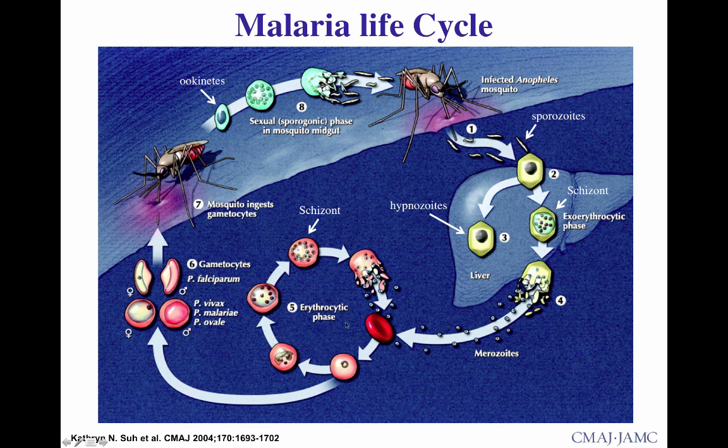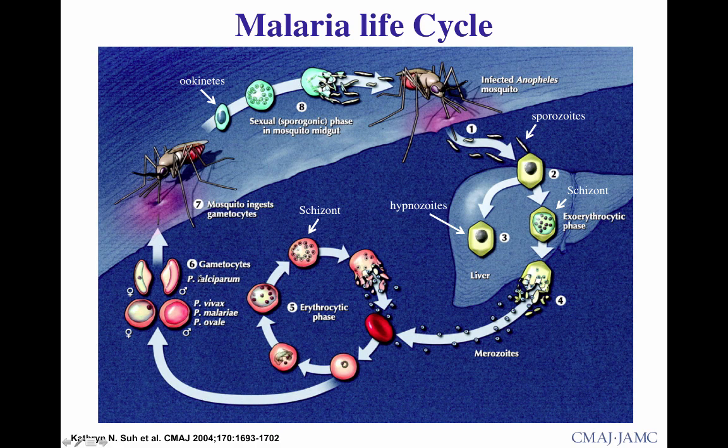Now, with a certain level of frequency, an infected red blood cell is going to allow the cells to differentiate into gametocytes, and those are going to be both the male and female gametes, which are able to be taken by a brand new mosquito when that mosquito takes a meal from an infected malaria person.